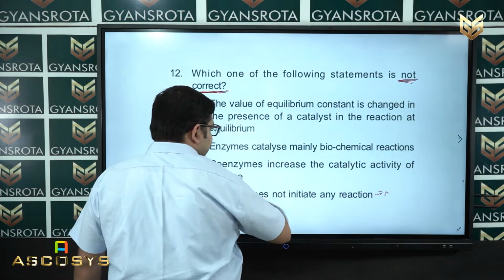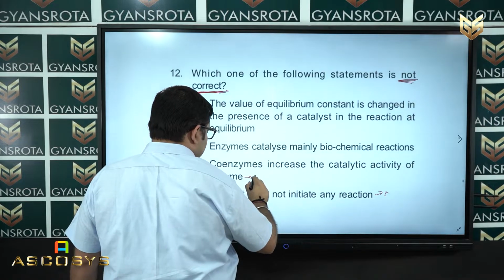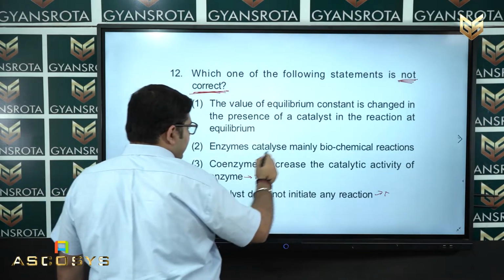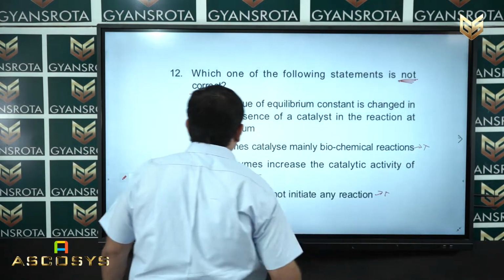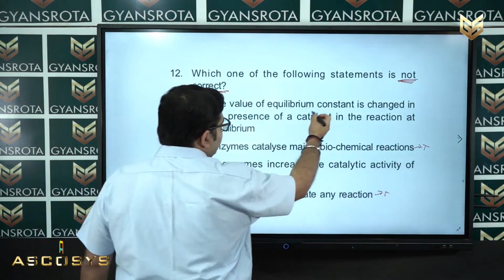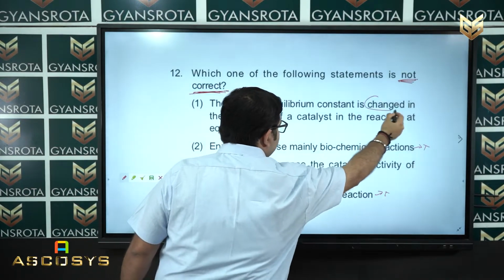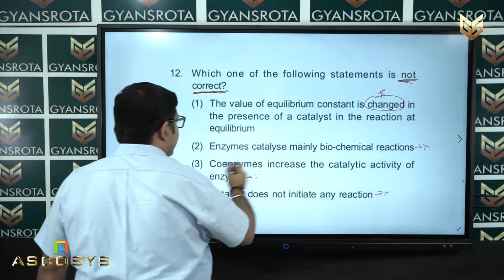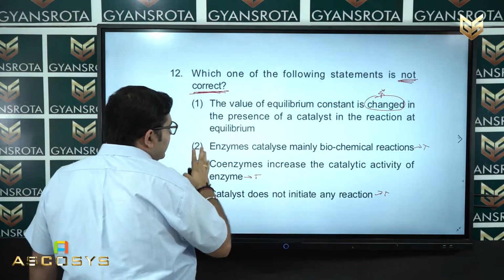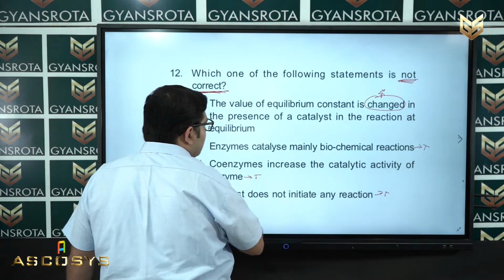Coenzyme increases the catalytic activity of enzyme, this is also a true statement. Enzymes catalyze mainly biochemical reactions, that is also a true statement. Now, is the value of the equilibrium constant changed? No, it is never changed by any enzyme, it only makes the reaction fast or slow.